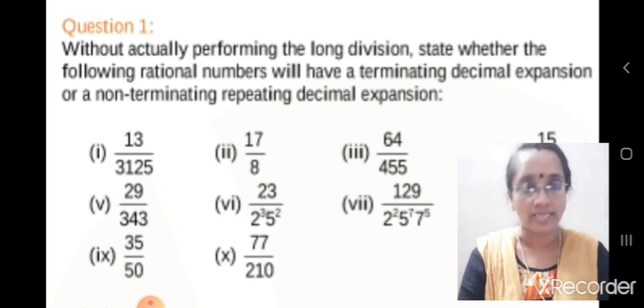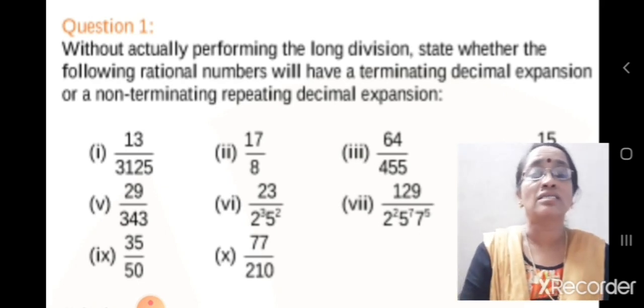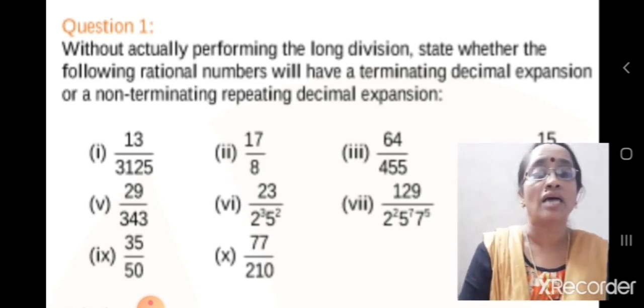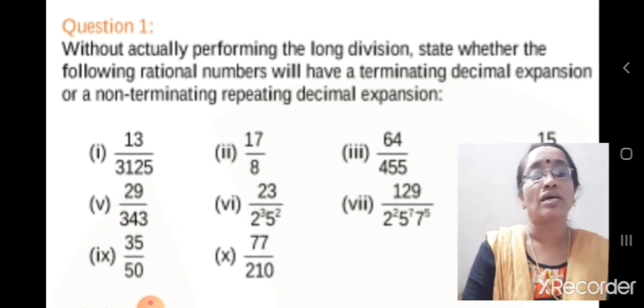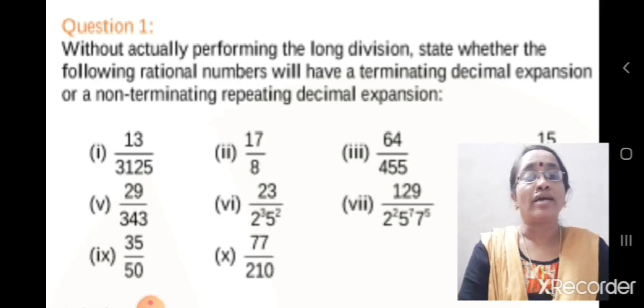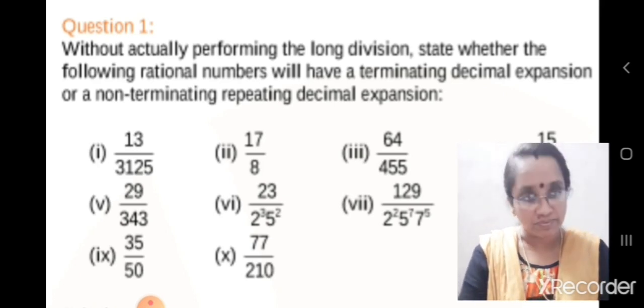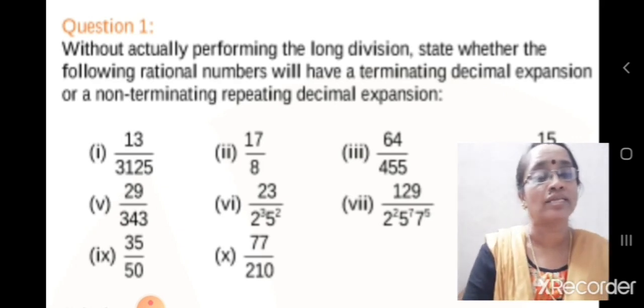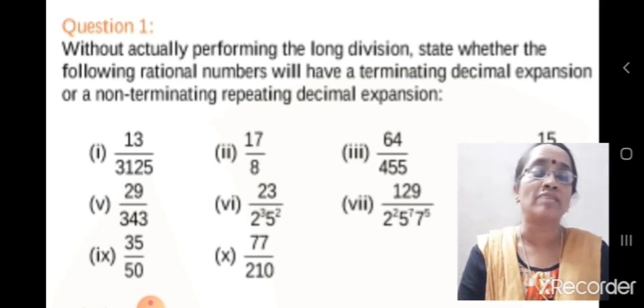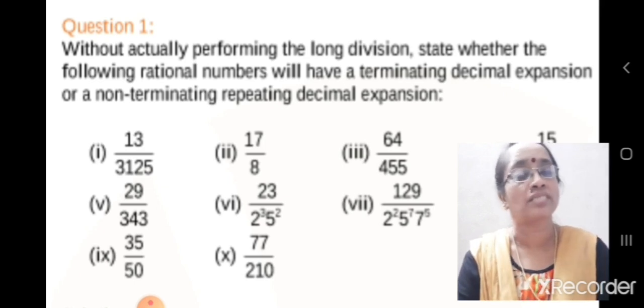Without doing the division, we can tell which type of decimal expansion each has. How can we do that? We want to find out whether the denominator can be expressed as 2 raised to m into 5 raised to n. If it is possible, then it has a terminating decimal expansion. If it is not possible, then it has a non-terminating decimal expansion.